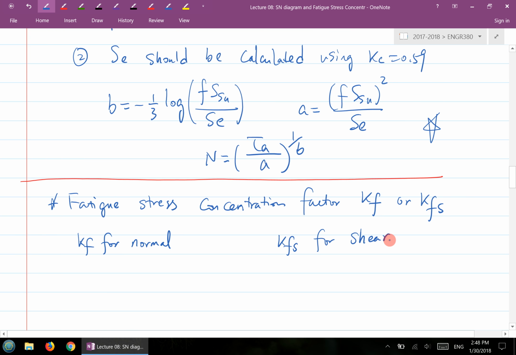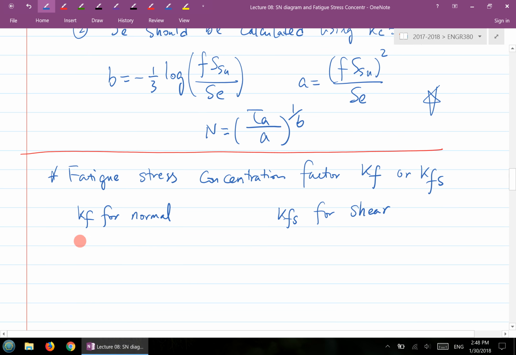So the fatigue stress concentration factor has a lot to do with the stress concentration factor we learned before, right? Previously we had a stress concentration factor, for example, sigma max equal to Kt times the nominal value, or tau max equal to Kts times the nominal value.